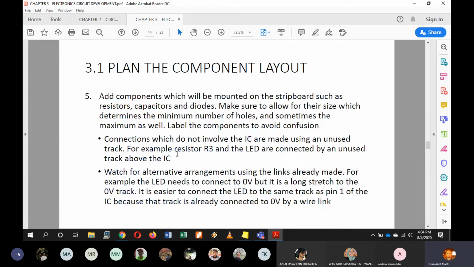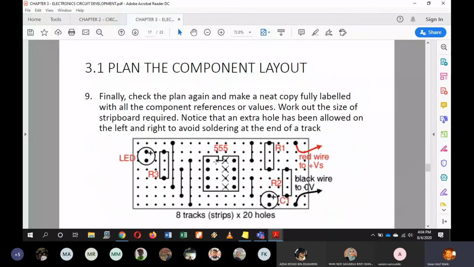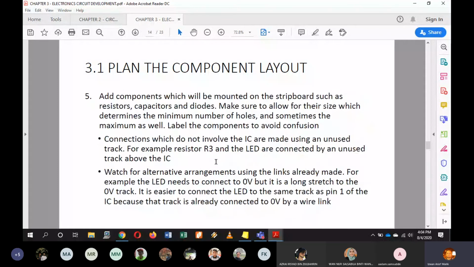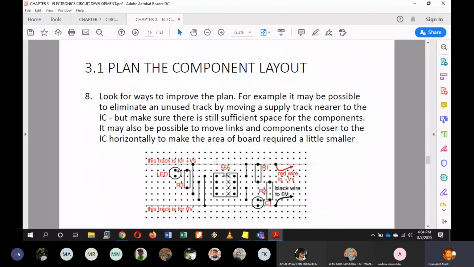So for example, resistor R3 and the LED are connected by an unused track above the IC. Here, R3 and LED, they are connected together. How? By this line on top of this IC, which is this blob until this blob. Sebab apa?